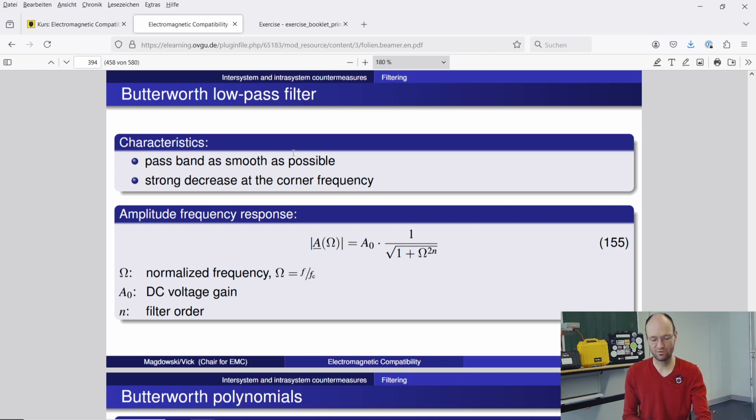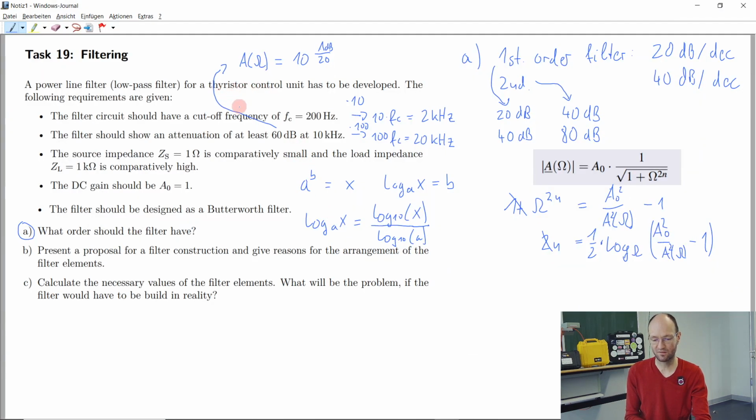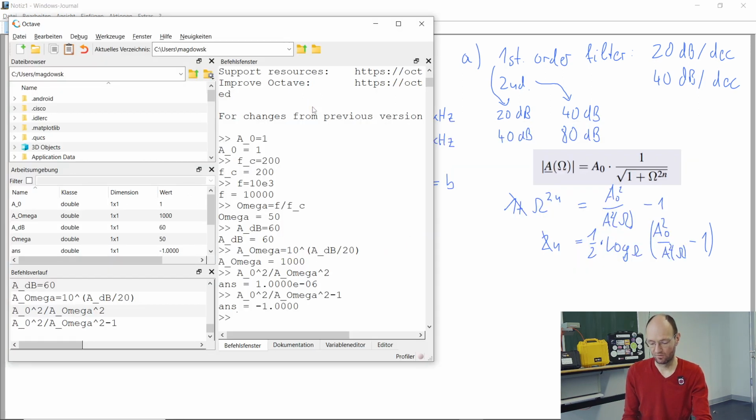This is like a transfer function, getting smaller with going to higher frequencies. And what is given in our exercise task is the attenuation. So we need to have minus 60 dB of transfer. So let's go back and say the A dB is minus 60.